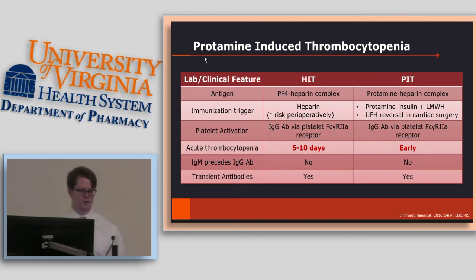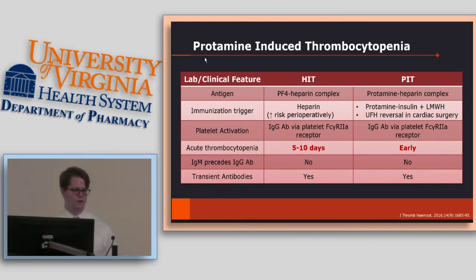They both have similar immunization triggers, the administration of heparin as well as heparin reversal for cardiac surgery. However, with protamine-induced thrombocytopenia, there's also potential immunization with medical patients receiving low molecular weight heparins and protamine insulin. They both use the same method of platelet activation, and both antibodies are transient.